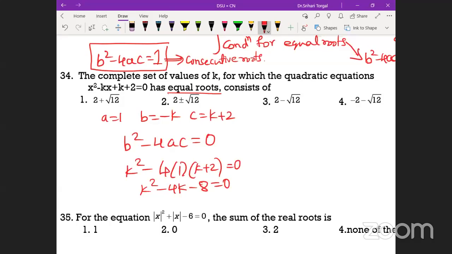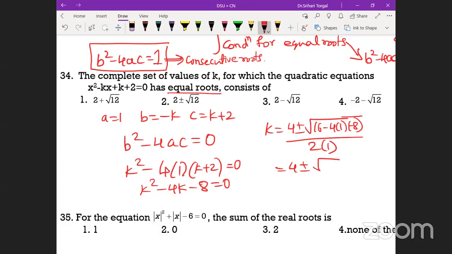Now, using the formula, 4 plus or minus square root of b square minus 4ac divided by 2a, which is equal to 4 plus or minus root of 16 plus 32, that is 48, divided by 2.